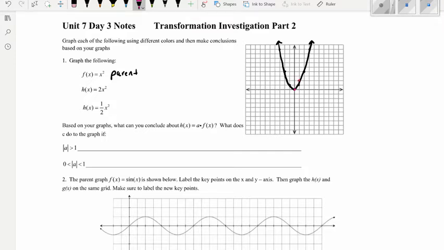So now you have 1, 2, and negative 1, 2. And if I were to do 2 squared is 4, and 4 times 2 is 8. So now we have 2 and 8, and negative 2 and 8. So notice that from our parent graph, the x values stayed the same, but what changed were the y values.